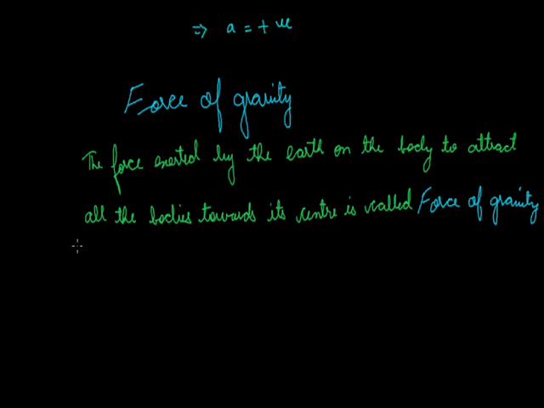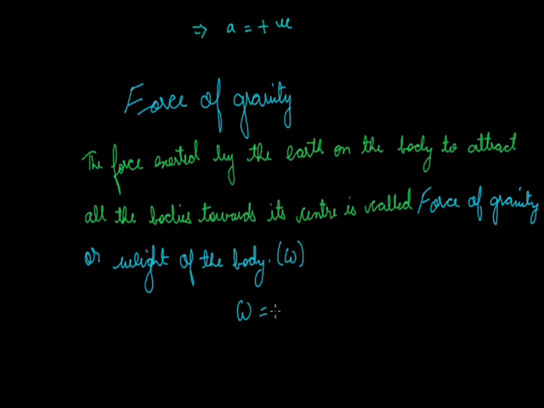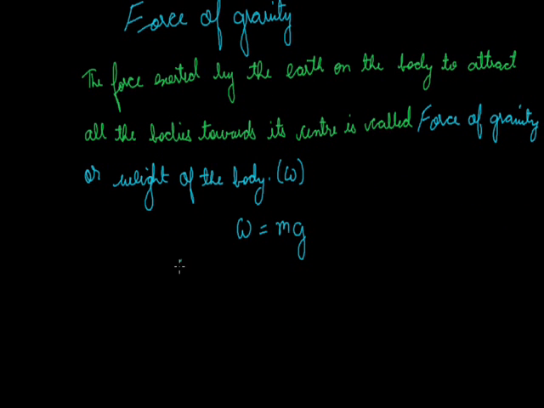It is also known as the weight of the body, and weight of the body is commonly denoted by W, and W is equal to m, that is mass of the body, times g, that is acceleration due to gravity. And the value of g on the surface of earth is 9.8 meter per second square.